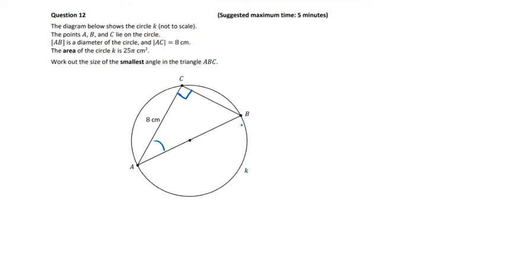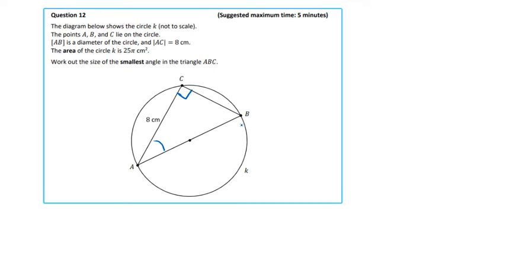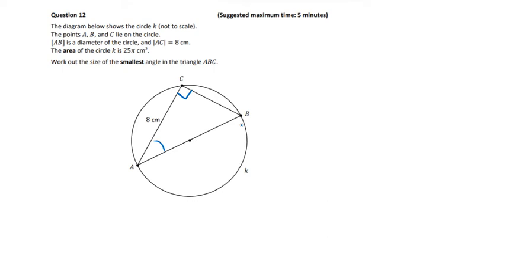So we've got the diameter from A to B here, and then from A and from B, the point C is made where they meet on the circumference of the circle. Whenever that happens, that has to make a right angle.